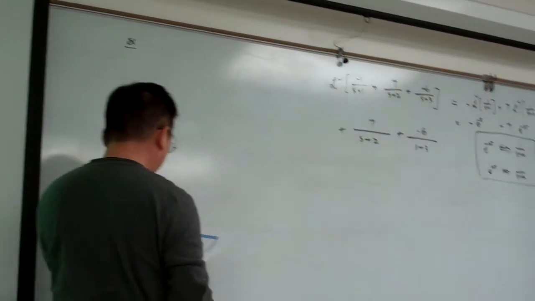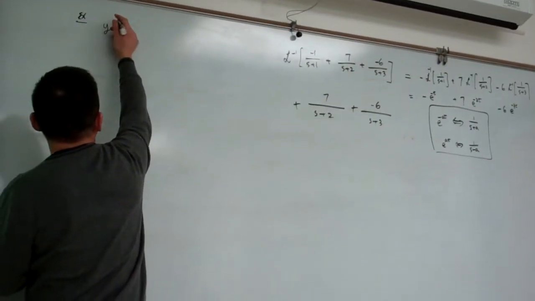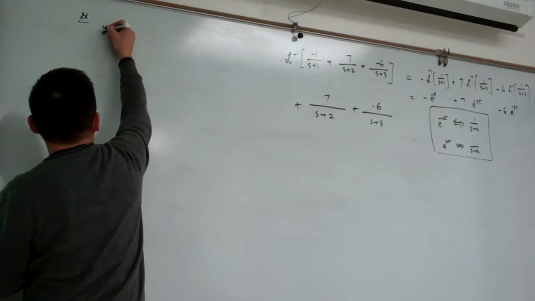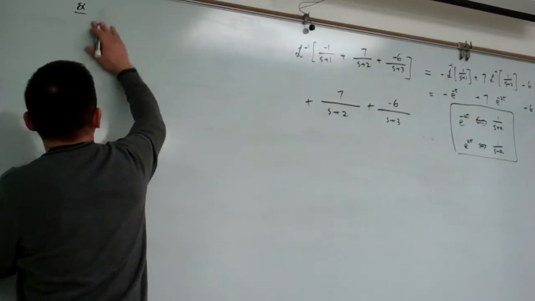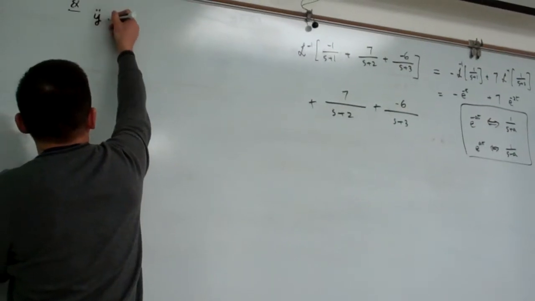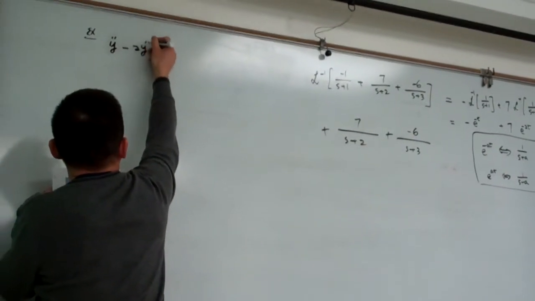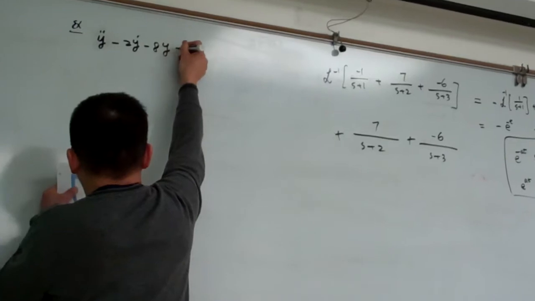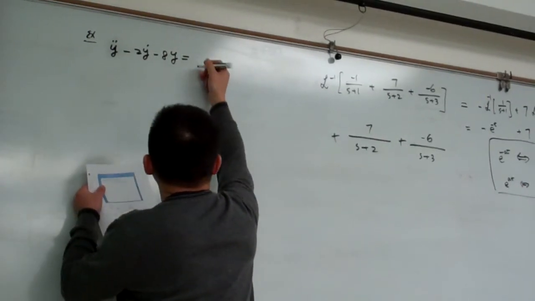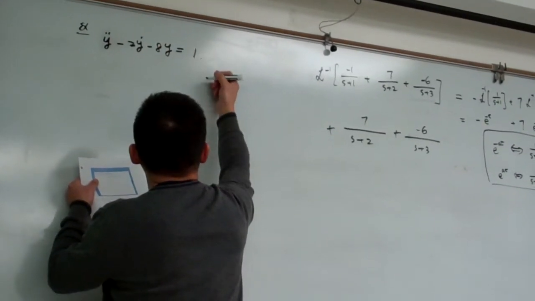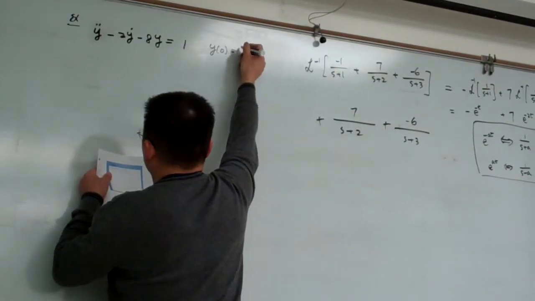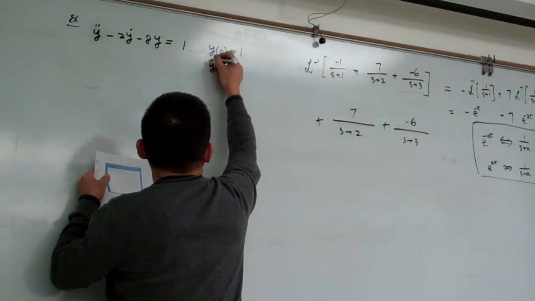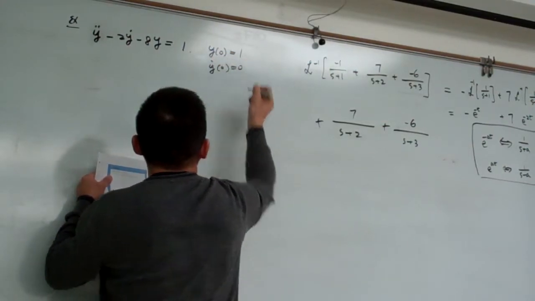Related to our dynamic systems, but here I am just doing the numeric calculation. So here is y double dot minus 2y dot minus 8y equal to 1, with y(0) equal to 1 and y dot (0) equal to 0.